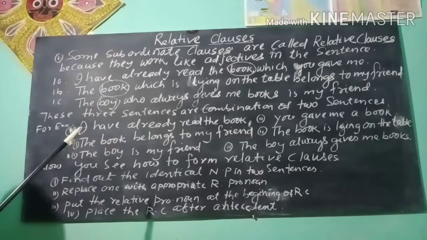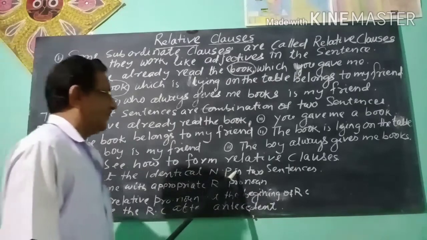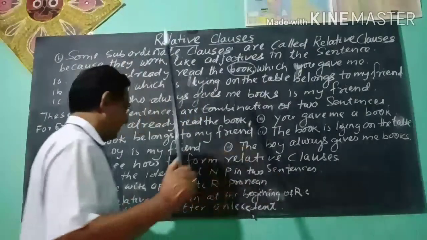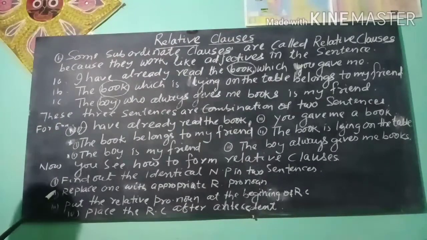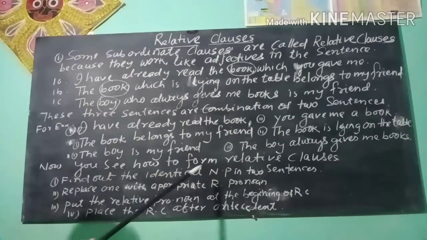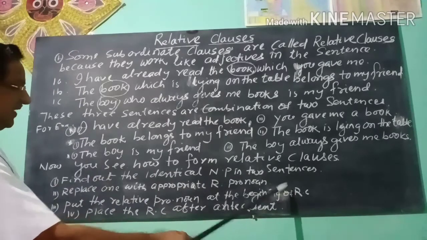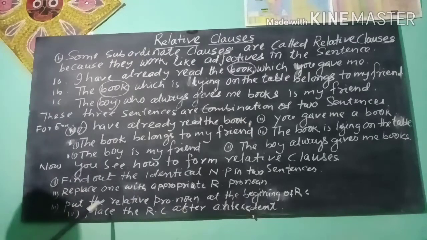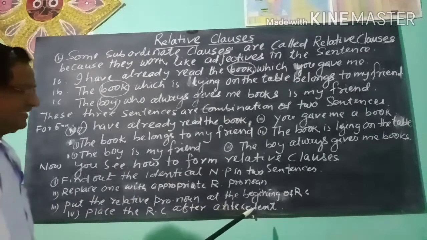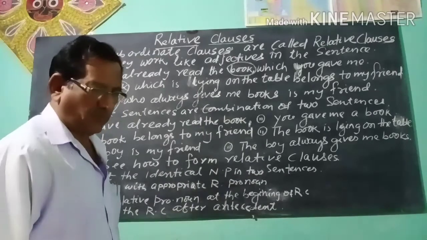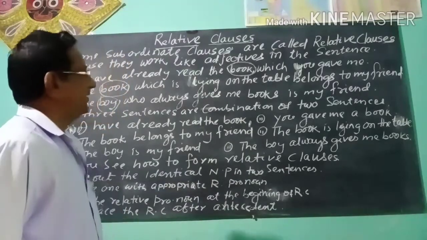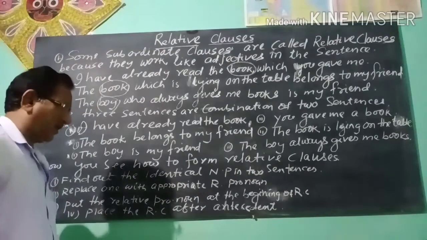When there are two sentences, first we find the identical noun phrase in the two sentences. Second, replace one with the appropriate relative pronoun. Third, put the relative pronoun at the beginning of the relative clause. Fourth, place the relative clause after the antecedent. So now you see how the relative clause is formed.